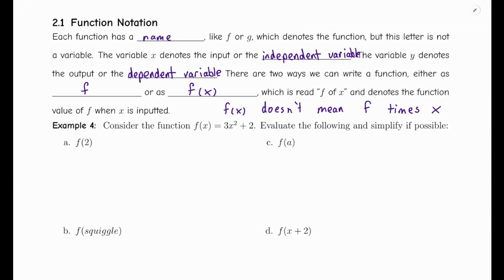Even though that is our notation for multiplication with parentheses, now that we're introducing functions, parentheses can have two meanings now. It can mean multiplication if everything is a variable, or it means this evaluation when one of the letters is a function name. So context will tell you everything in these cases.